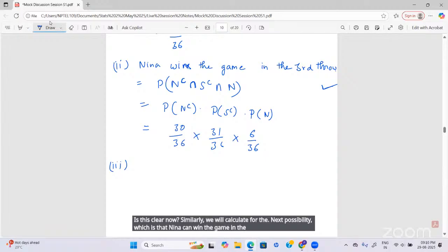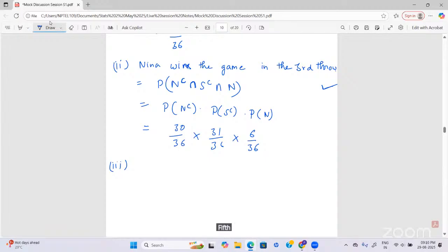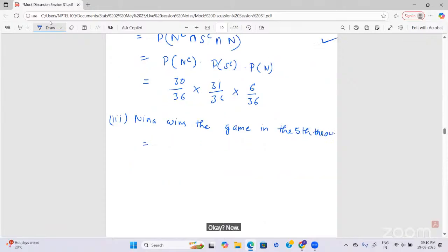Similarly, we will calculate for the next possibility, which is that Nina wins the game in the fifth throw. Now, if she is winning in the fifth throw, it means that in the first, she is not winning, right?